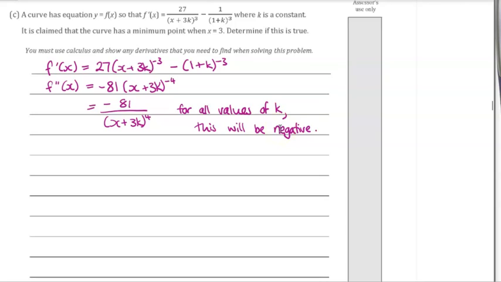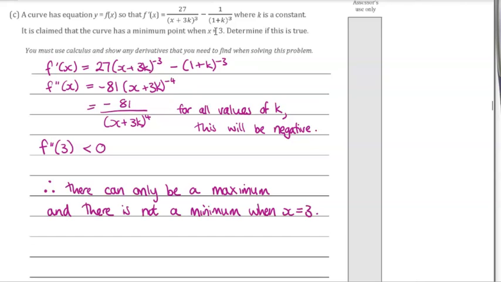So wherever we are on the curve, the second derivative will be negative. Now, if the second derivative is negative, then that means it would give us a maximum. So we can only be looking for a maximum. And the claim was that there's a minimum at a certain place. It doesn't matter where the place is. That can't be true. So therefore, there can't be a minimum when x is 3.